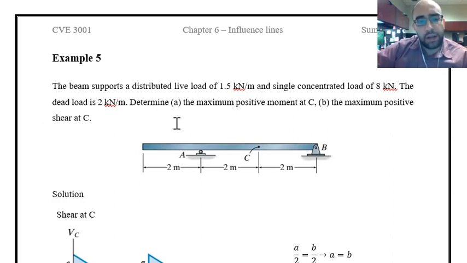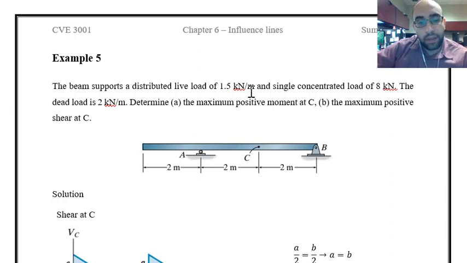It is asking about the maximum positive moment at C and maximum positive shear at C based on a distributed live load of 1.5 kilonewton per meter and a single concentrated load of 8 kilonewton as the live load. These are the distributed live load of 1.5 and the concentrated load of 8 kilonewton.